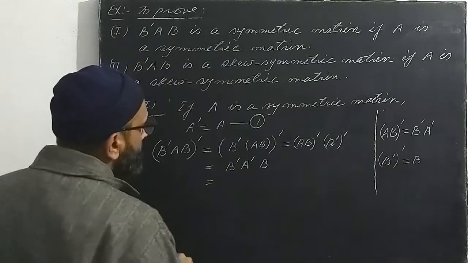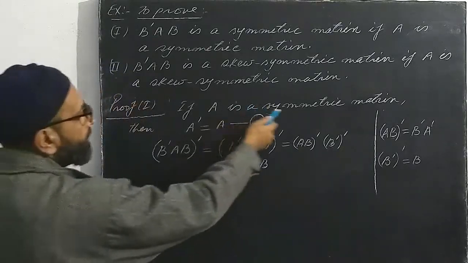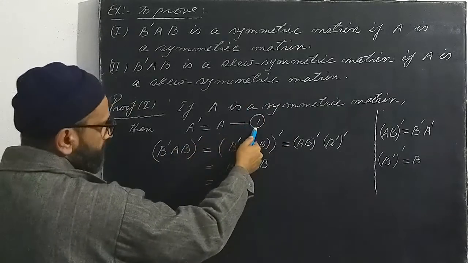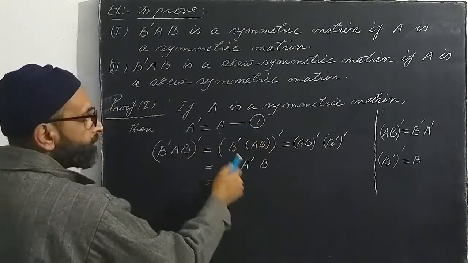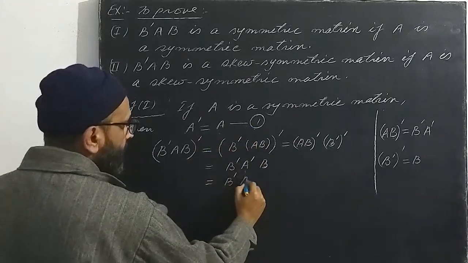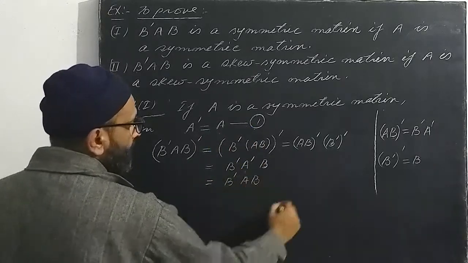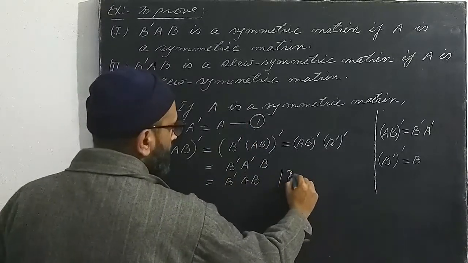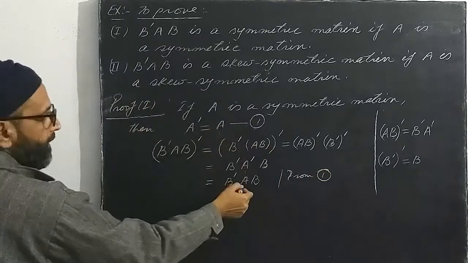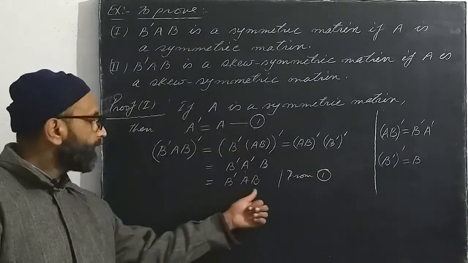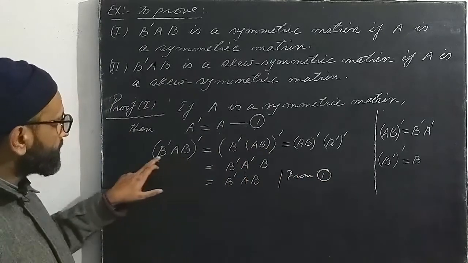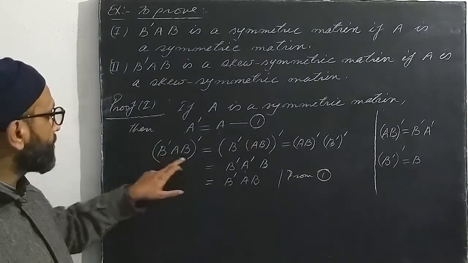So here, if A is a symmetric matrix, A' is equal to A. So from first, we may replace A' by A. So we get B'AB, which is exactly equal to this matrix, which is written inside this parenthesis.